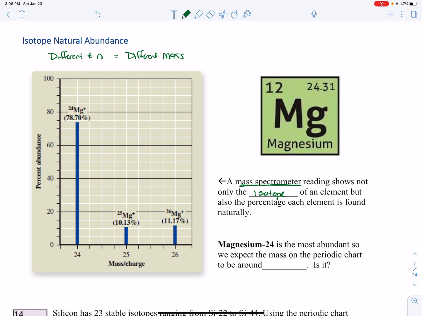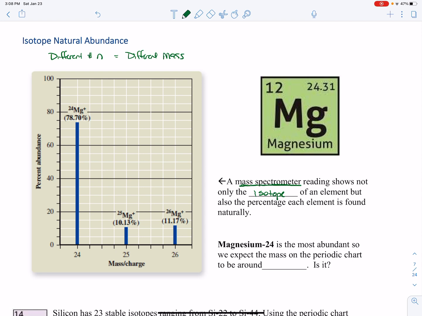So if you were to take a sample of magnesium from someplace in the Smoky Mountains, or go to China, or go to all these different places and get samples of pure magnesium, the thing about isotopes is that wherever you get them from, they always come in the same ratios of isotopes.